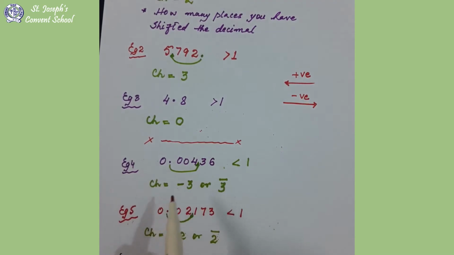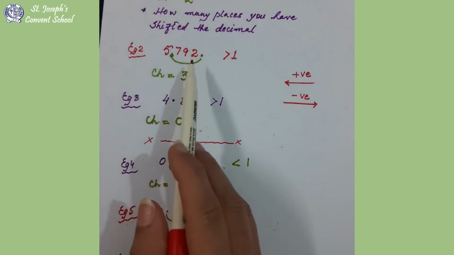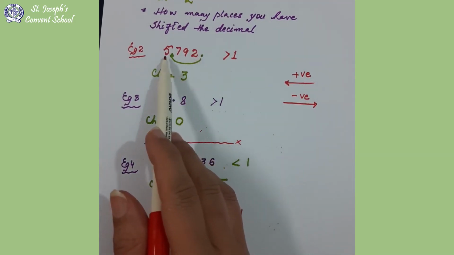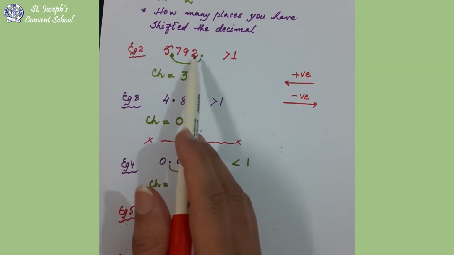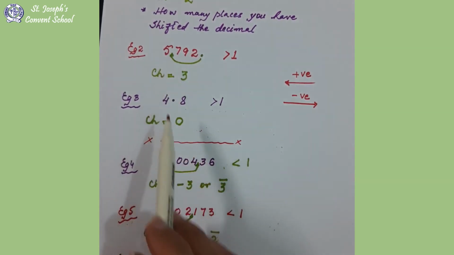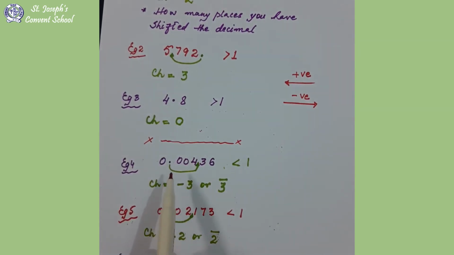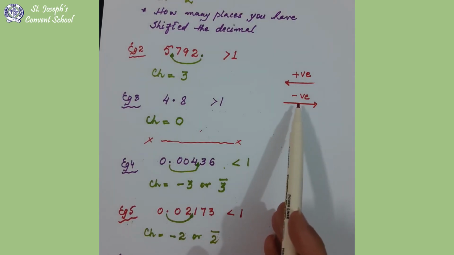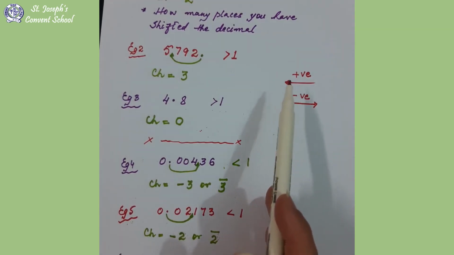In the first case, you are shifting the decimal towards the left, so the characteristic is positive. And in this case, you are shifting the decimal towards the right side, so it is negative. If it is left side, it is positive.